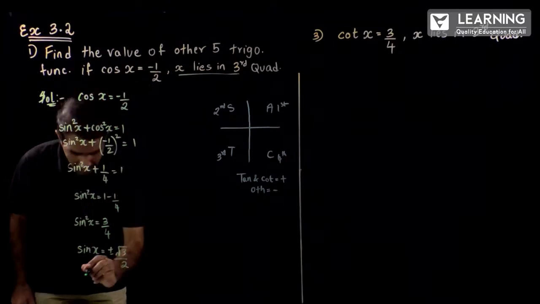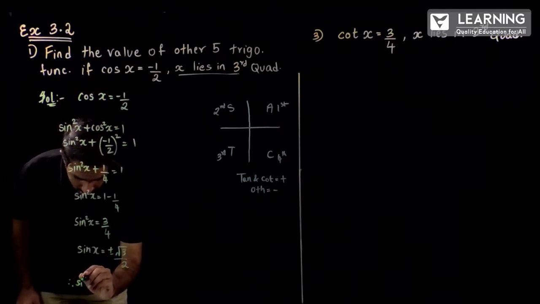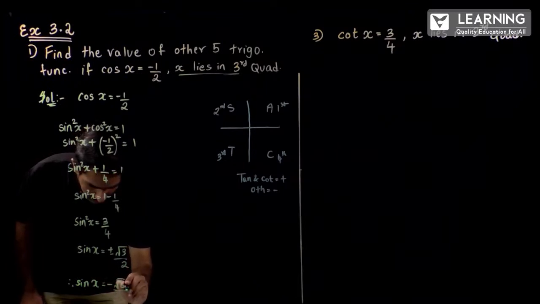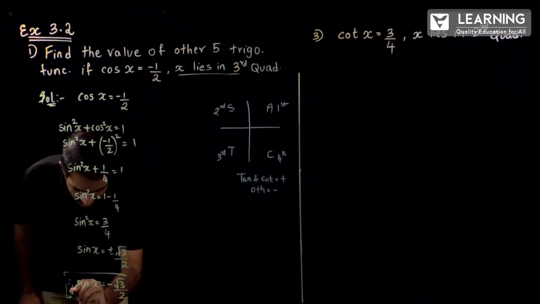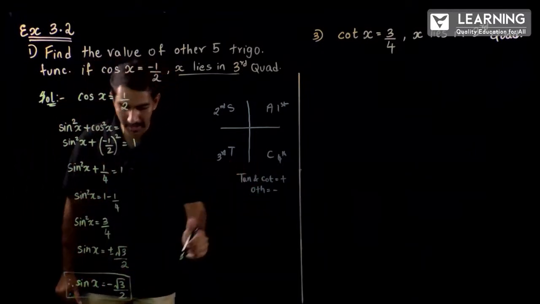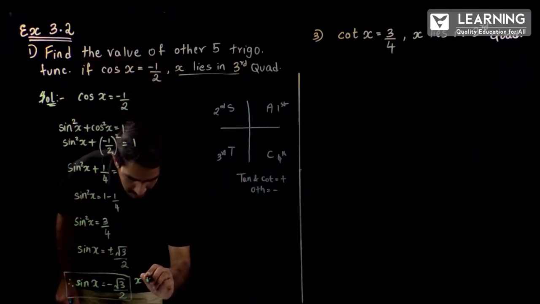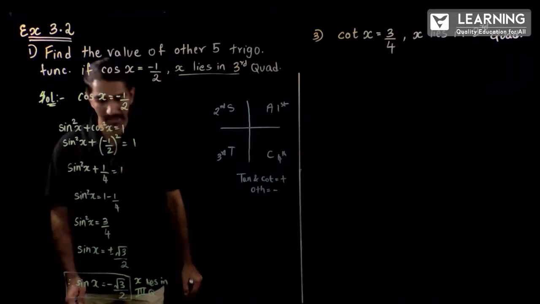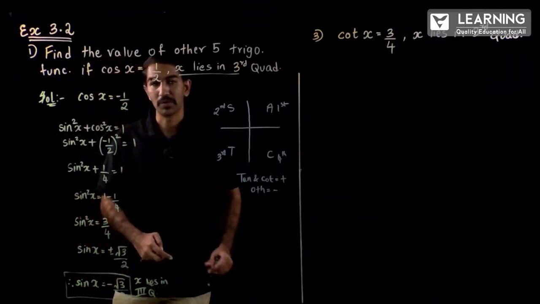So therefore sine x equals minus root 3 by 2. Why are we taking this value? Why not plus? Because x lies in the third quadrant. That is the reason we have taken minus root 3 by 2.